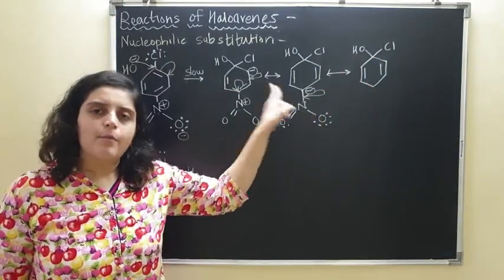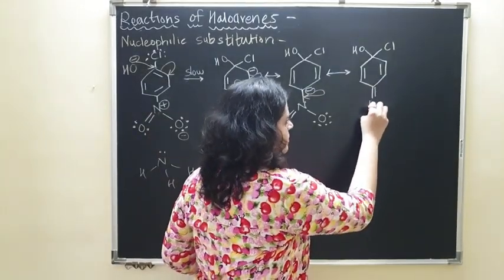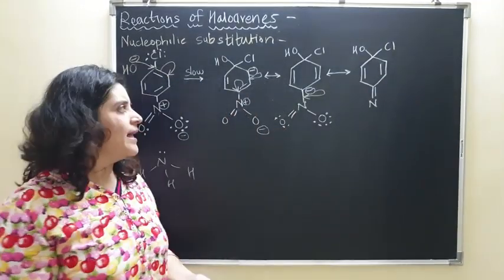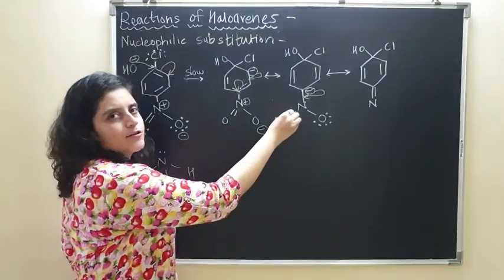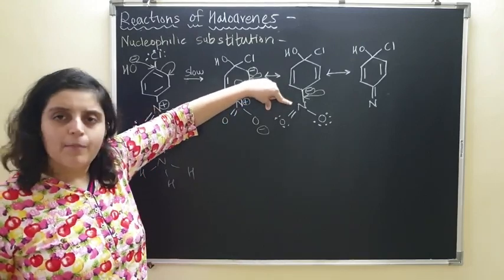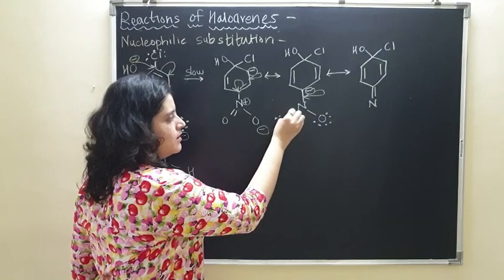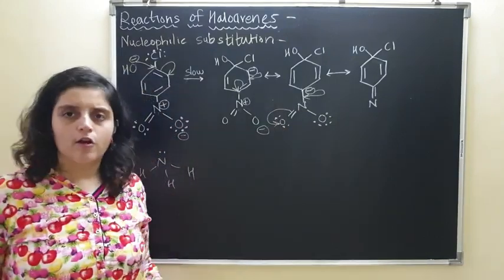So this single bond will now turn into a double bond. Again, these electrons which were present in the pi bond of the nitrogen and oxygen will shift onto oxygen.